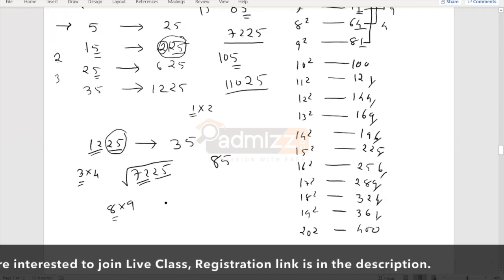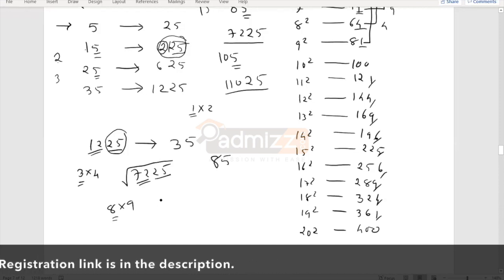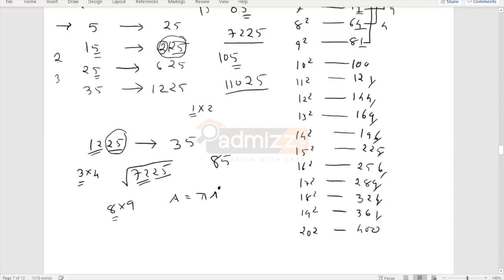Because of this, in your exam application oriented questions will be asked. In application related questions, suppose find the area, pi r square. At that time you should have the square. And suppose volume, pi r square h. Here also square will come.